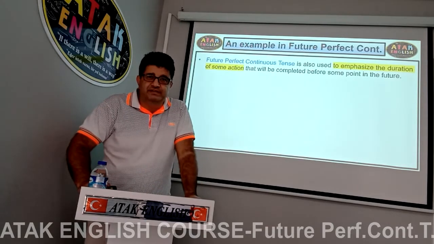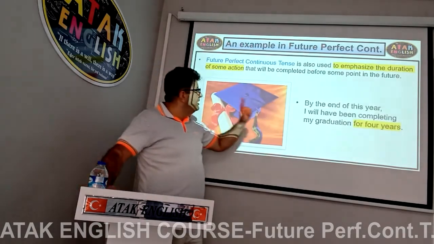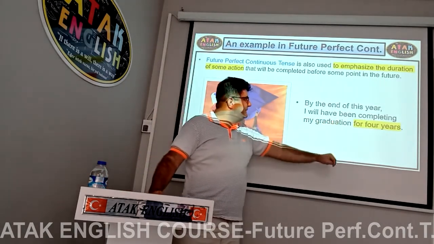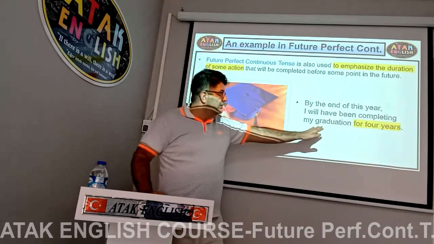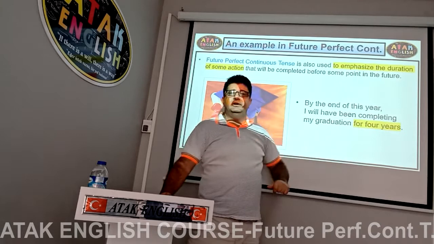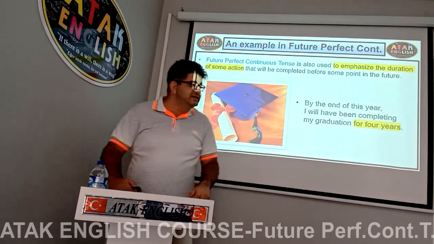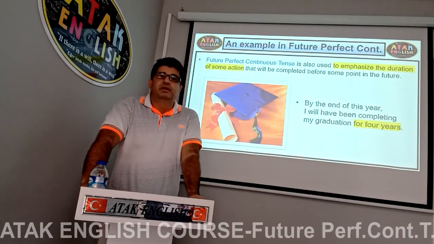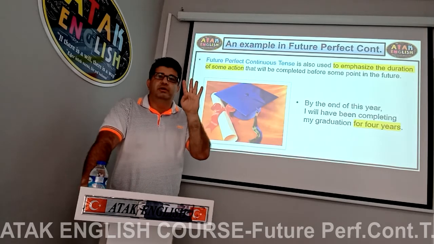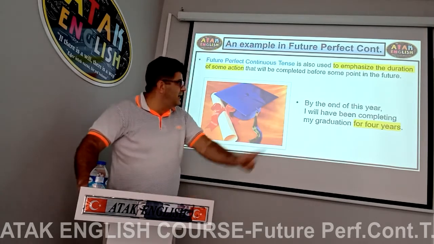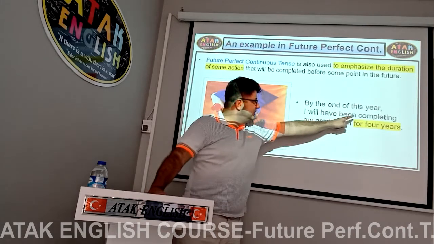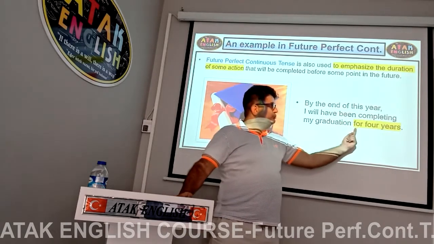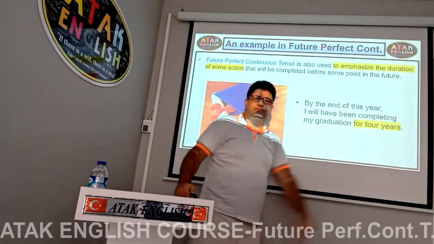Let's try to explain it with an example. Here comes our example. By the end of this year, I will have been completing my graduation for 4 years. Here, I'd like to emphasize that my university or school is a 4-year period. That's why I'm using future perfect continuous tense, to emphasize the duration of the activity.